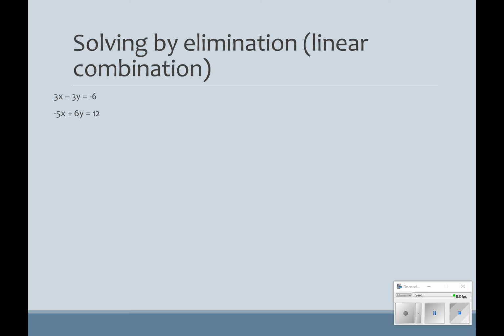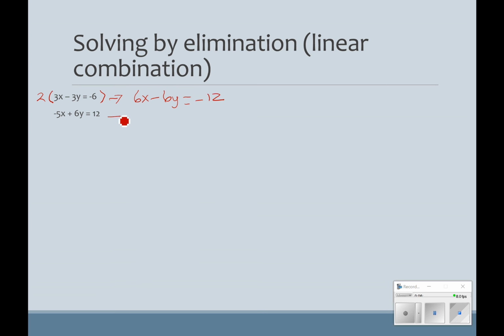So the easiest thing, it looks to me, would be to get rid of the y's because 6 is a multiple of 3, because 3 times 2 equals 6. So I'm going to multiply all parts of this by 2. When I do that, I'm going to get 6x minus 6y equals negative 12.